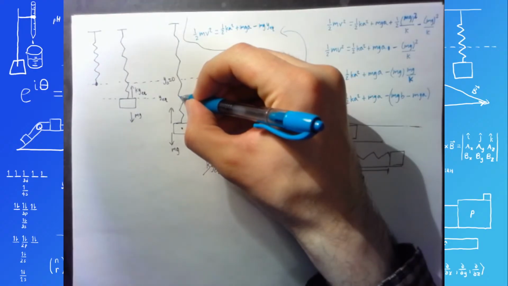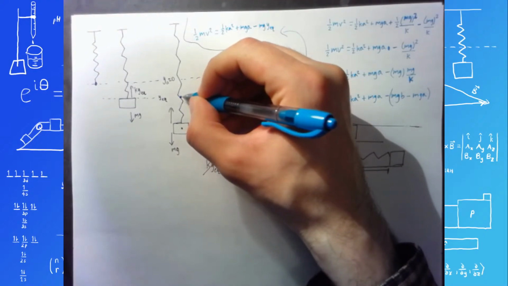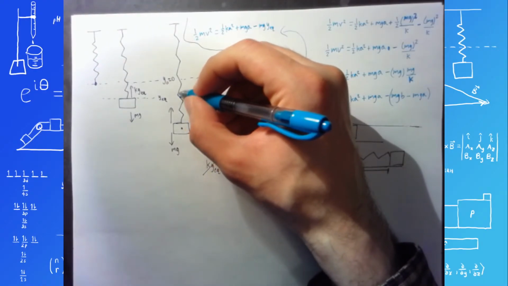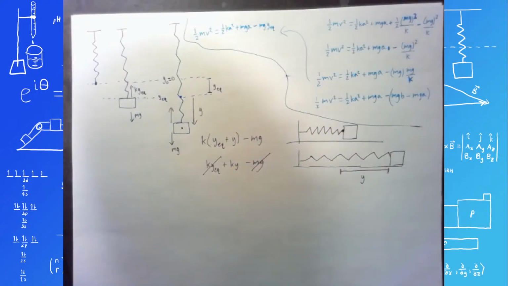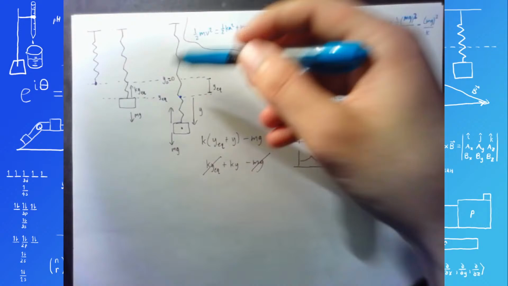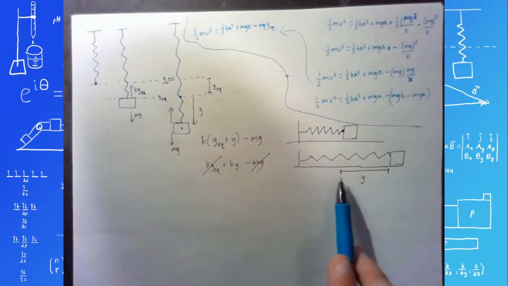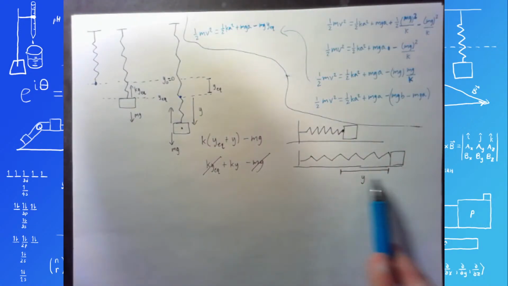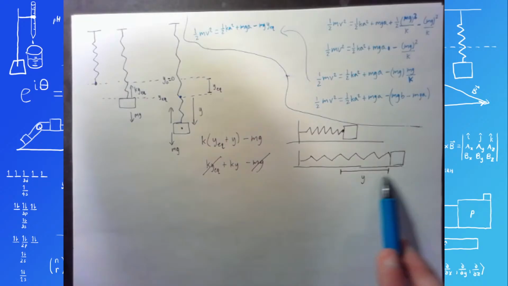If we treat this as the new equilibrium position and calculate all of our displacements from there, then we will get the exact same motion that we get from a horizontal spring that is stretched by that same amount.